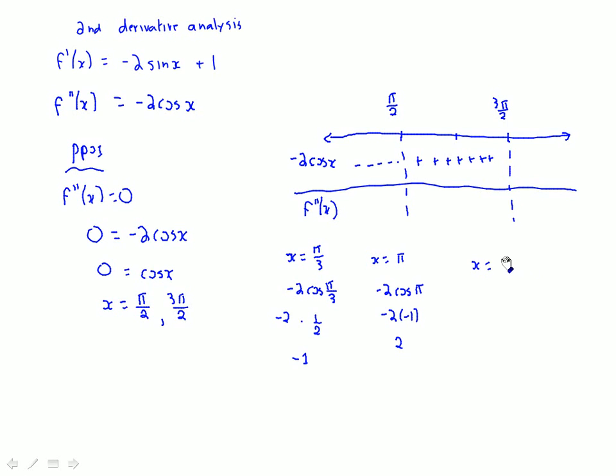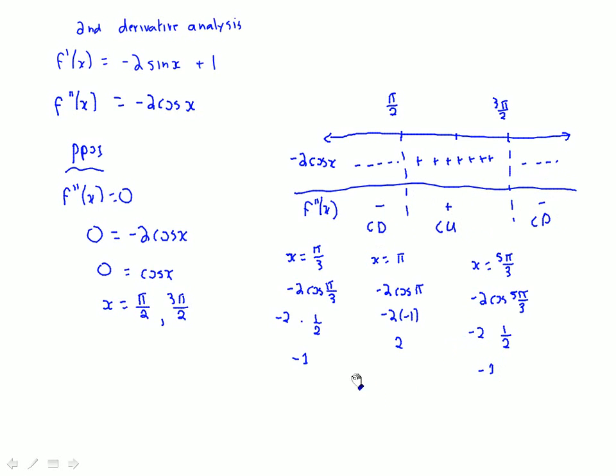I'm going to pick 5 pi over 3, because I know that's an easy number to work out. So negative 2 cosine of 5 pi over 3. That's going to be positive 1/2, and then negative 2 times that is negative 1. So we're negative there. So we're negative, we're positive, we're negative. If it's negative, it's concave down, then concave up, and then concave down again.